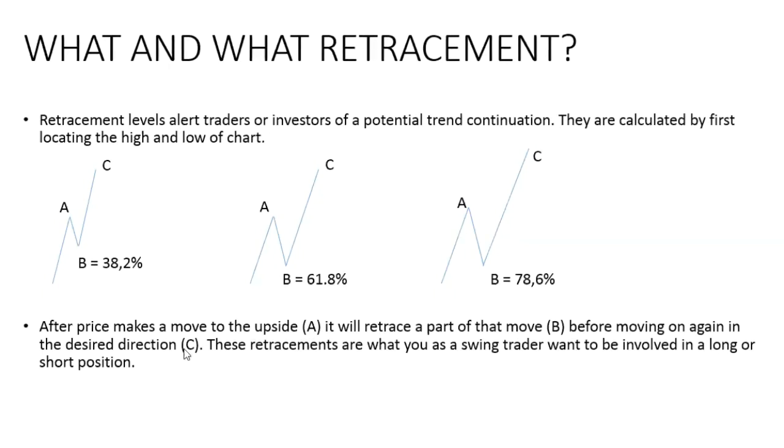Okay. So now it states here, after price makes a move to the upside A, it will retrace a part of that move B before moving on again in the desired direction C. These retracements are what you as a swing trader want to be involved in, in a long or short position, meaning that you're able to see that price is moving upwards.